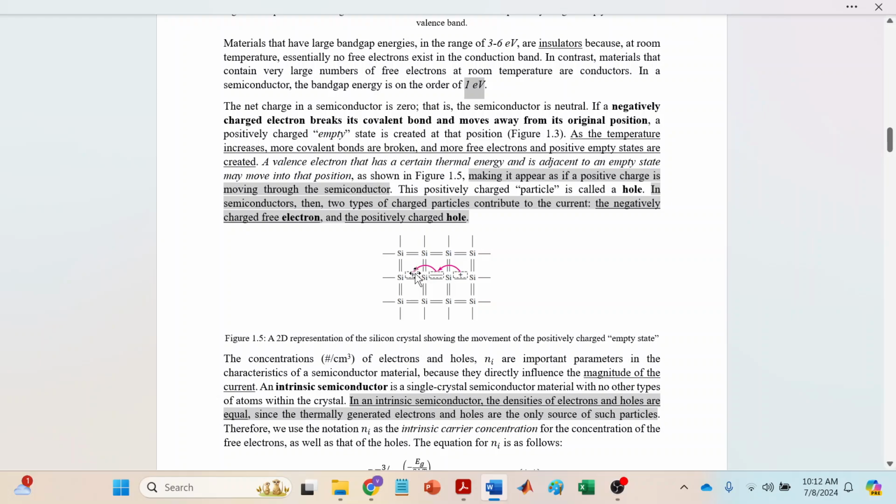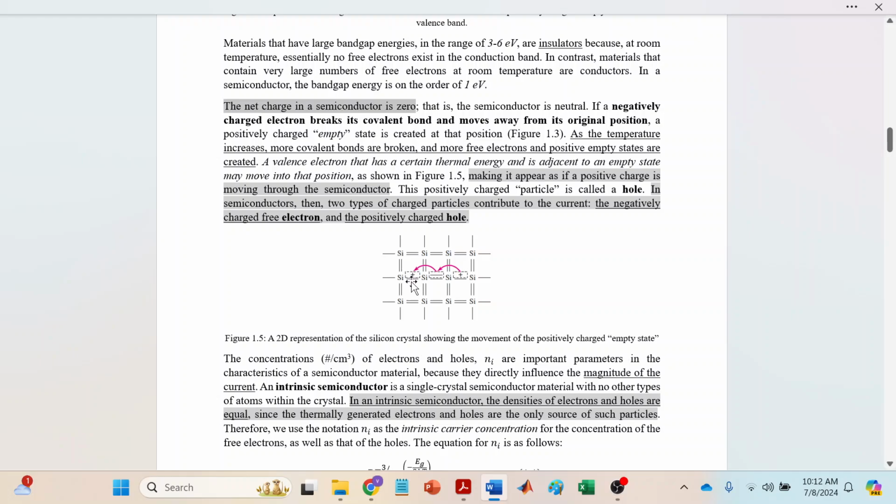We've discussed that when the electrons gain a certain amount of thermal energy, the covalent bond is broken, and they move to another location within the crystal. Given that the net charge in a semiconductor is 0, the semiconductor is electrically neutral.